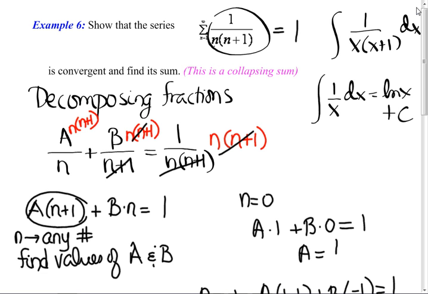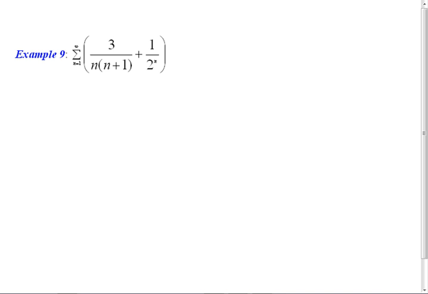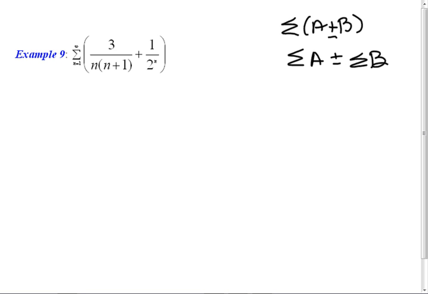Now, I would like to answer a couple questions still. So let's do 9. We haven't done number 9. And I didn't tell you about the properties of sigma, that if you have the sigma of A plus B, that's this. So guess what?